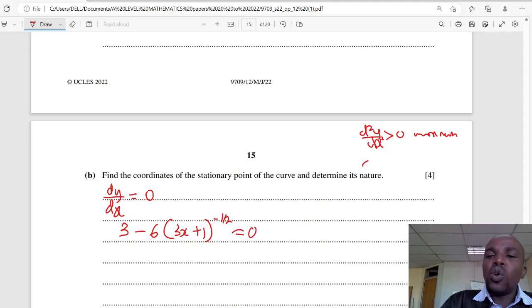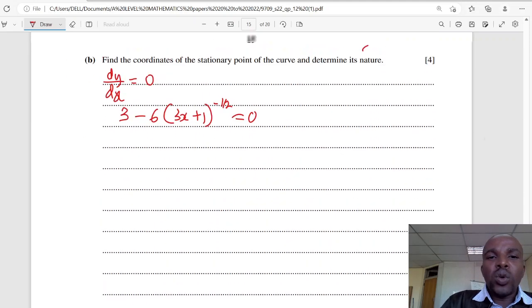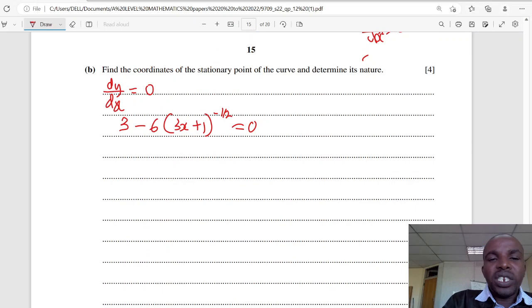And this one must be equal to 0. Right, let's find the coordinates of the stationary point. So 3 is equal to 6 times 3x plus 1 to the power minus half. I've taken the other item to the right side of the equal sign to eliminate the negative sign.